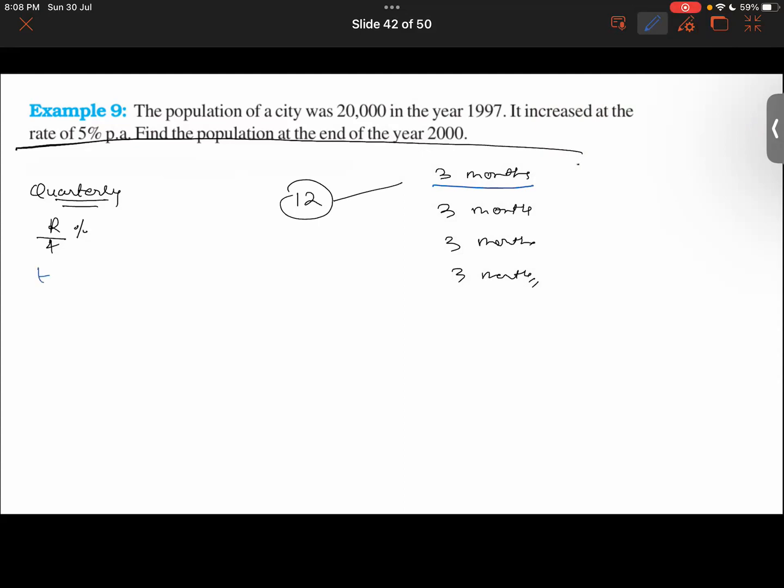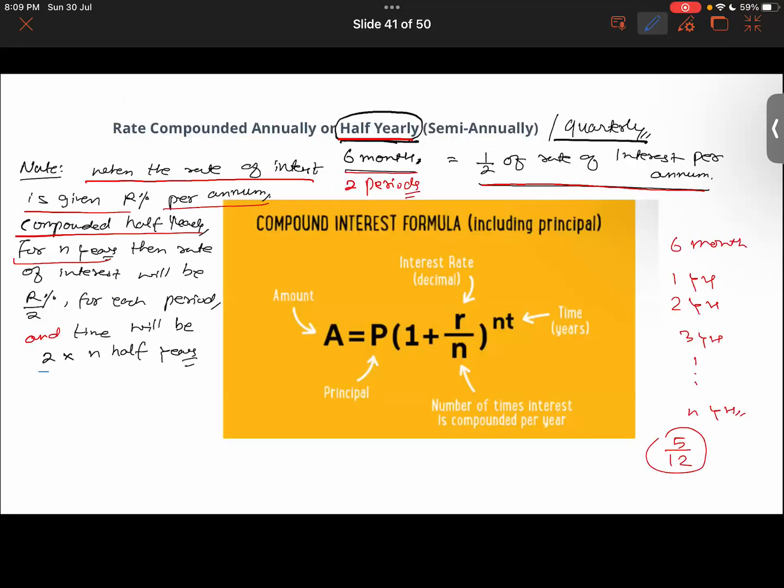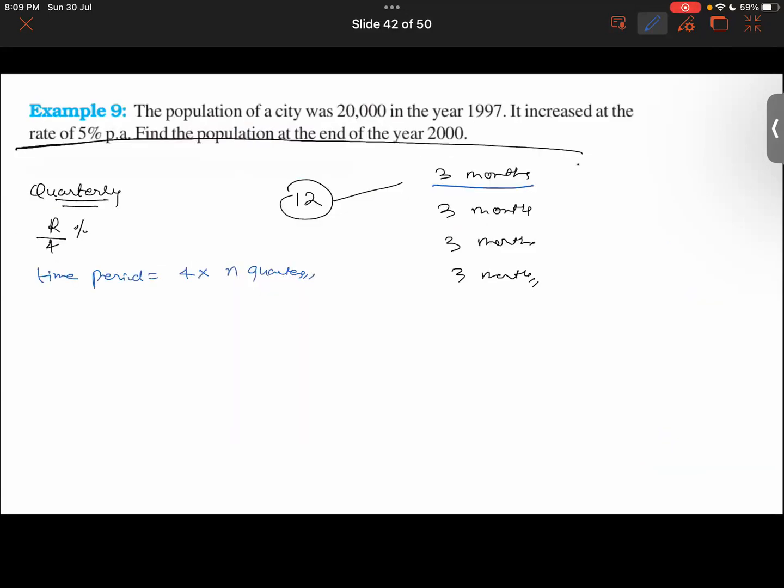And time period will be how much, Arhan? It will be 4 into n quarters. Earlier it was 2 into n half years, and here it will be 4 into n quarters, right?